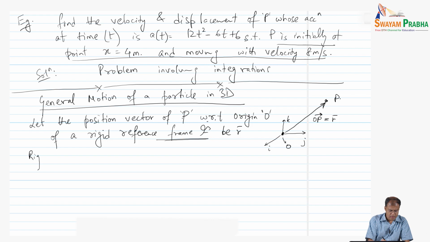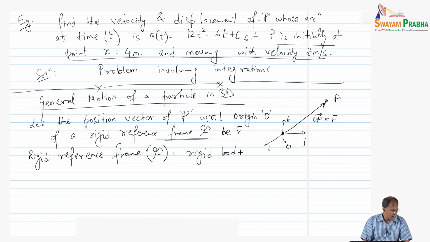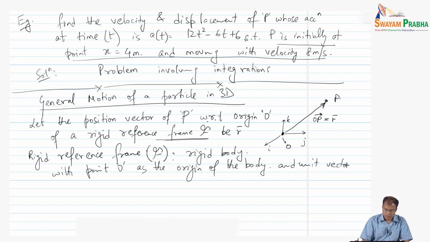So a rigid reference frame, let's say this curly F, is a rigid body with a point O as the origin of the body, and the unit vectors I, J, K as the vectors along its coordinate axis.